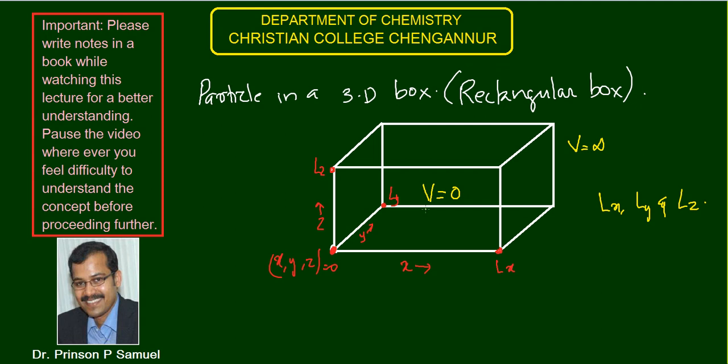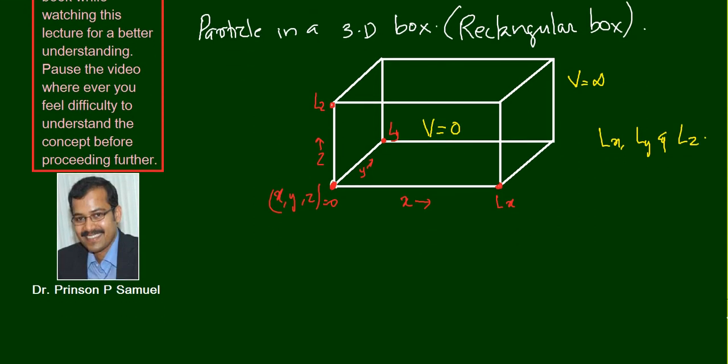Now we know the nature of the system, and with this understanding we can quantum mechanically treat the system. First of all, we need the Hamiltonian for this one. For any particle or any system that we are going to treat quantum mechanically, first of all we have to construct the Schrodinger wave equation for that system. So we need a Hamiltonian.